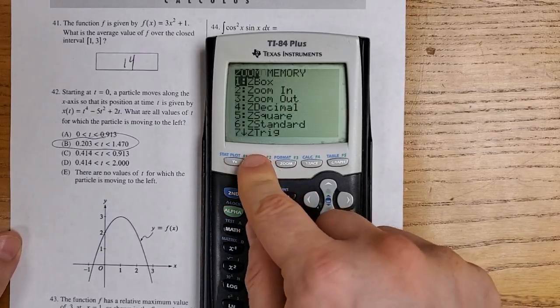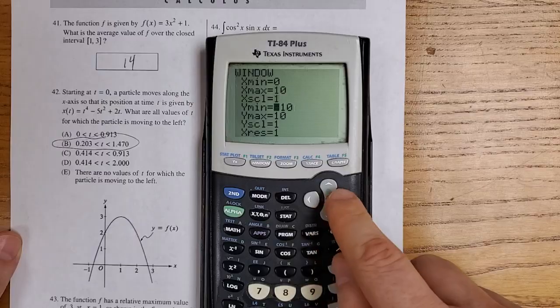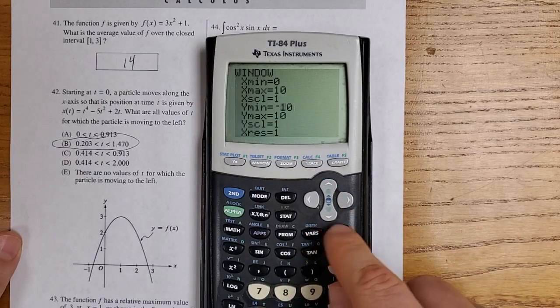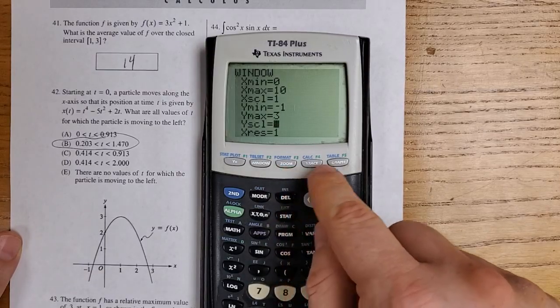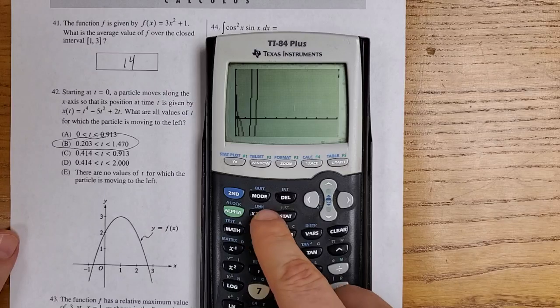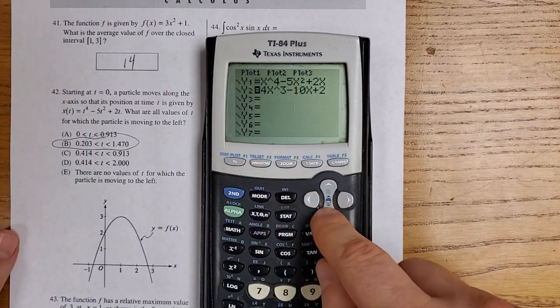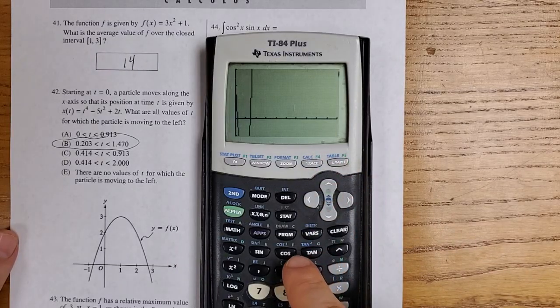Well, let's zoom back in on that actually. In fact, let's deselect the first one so we can see the second one a little better.